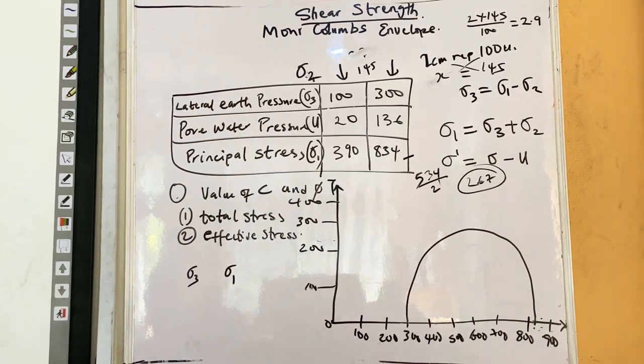One space. I'll pick my 390. What am I supposed to do again? I'll pick 100 too again. Okay, 2.9.